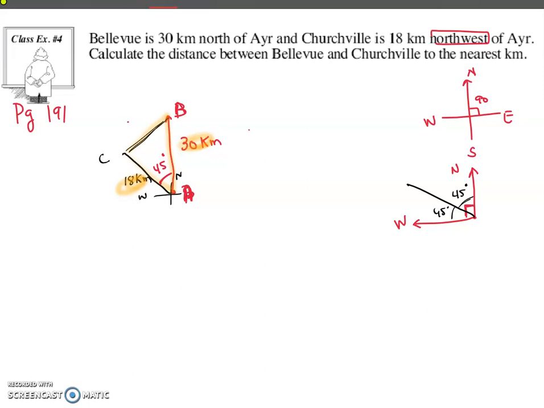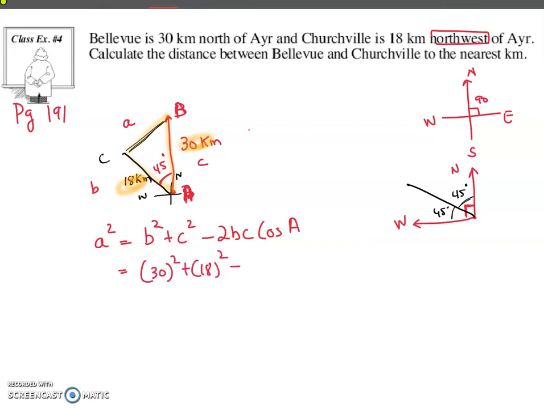So this would be side A that I'm looking for. Once again, we're solving for A. So we set up our cosine law and we put in our values. So that's your B, this is your C. 30 squared plus 18 squared minus 2 times 30 times 18 times cos of 45 degrees.